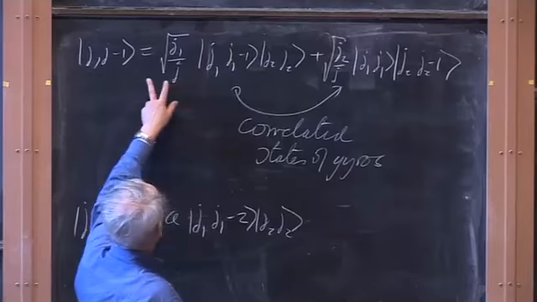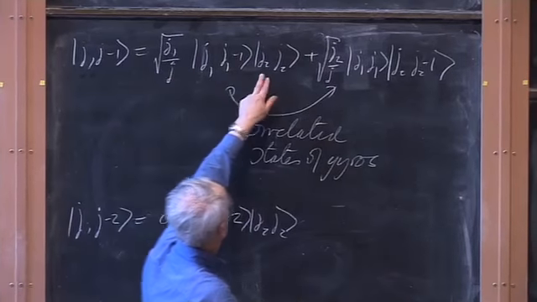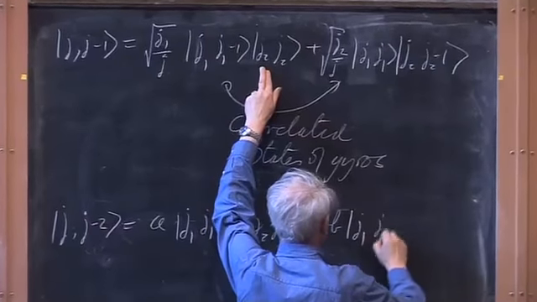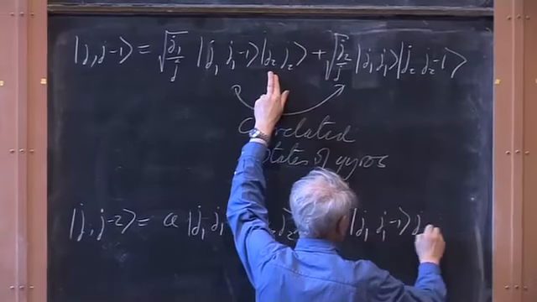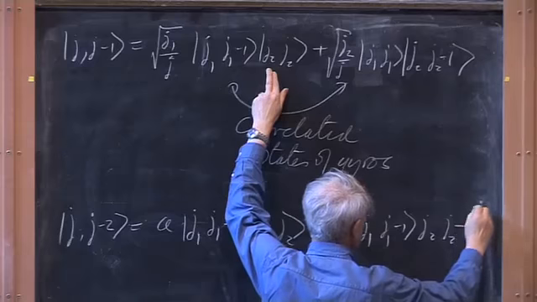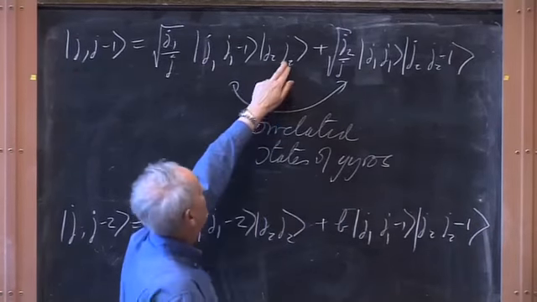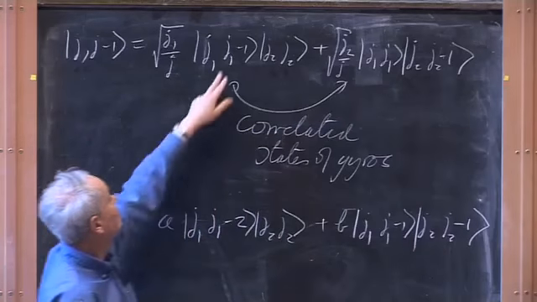Then when J2 minus works on this, it produces some amount of J1 minus 1, J2, J2 minus 1. Right? Because it lowers this to J2 minus 1 whilst this stands idly by.